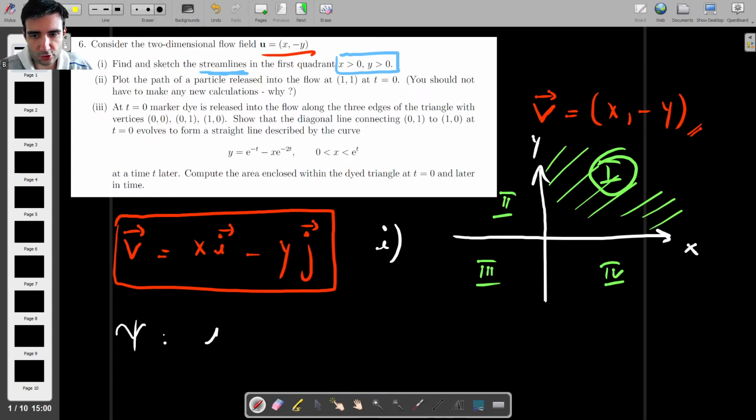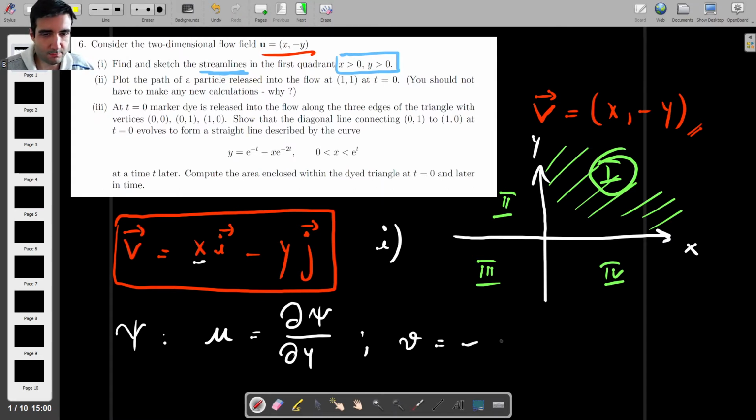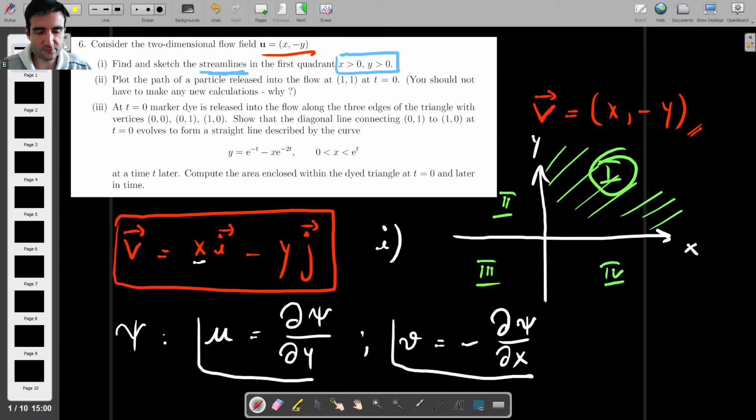The u component of the velocity is going to be equal to the partial derivative of the stream function with respect to y, and v, the vertical component of velocity, is minus d psi by dx. Okay, so we're going to use those to find out the stream function, and then we're going to plot them and sketch how the streamlines essentially look like.